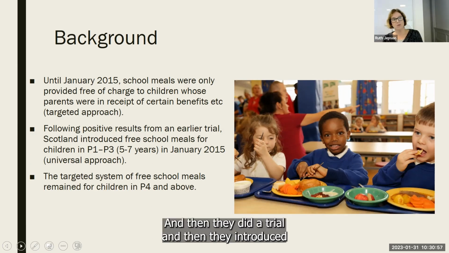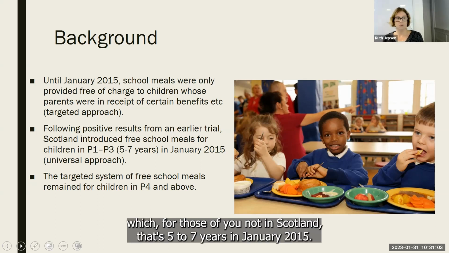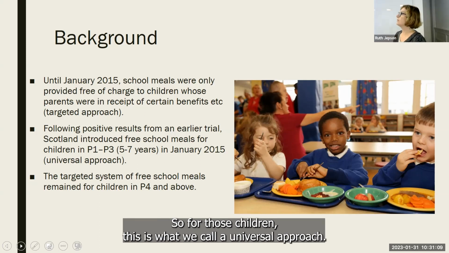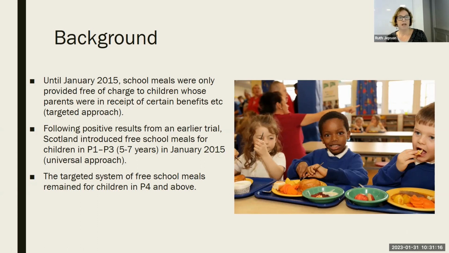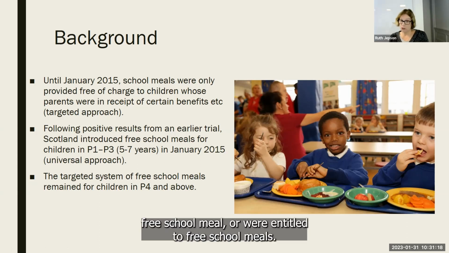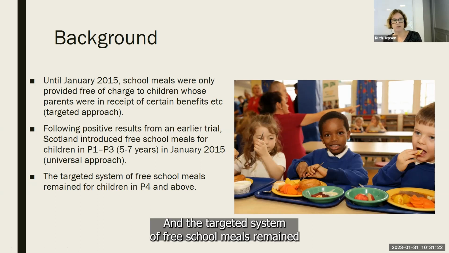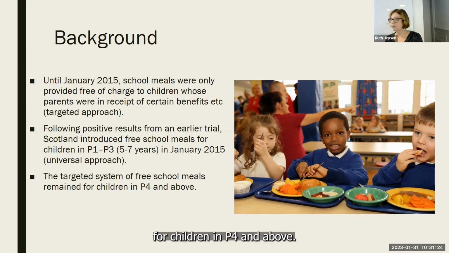And then they did a trial, and then they introduced free school meals for children in P1 to P3, which for those of you not in Scotland, that's 5 to 7 years, in January 2015. So for those children, this is what we call a universal approach. So all children in P1 to P3 had a free school meal or were entitled to free school meals. And the targeted system of free school meals remained for children P4 and above.